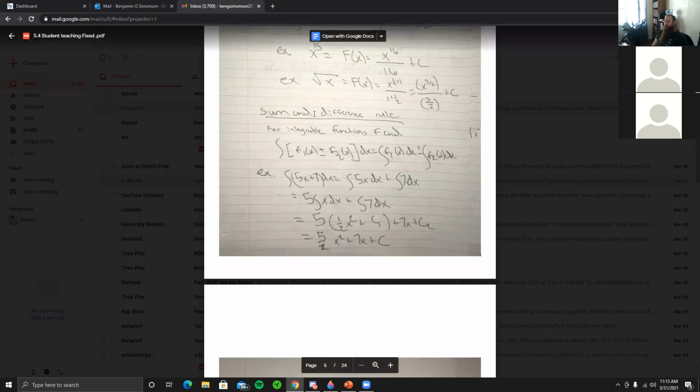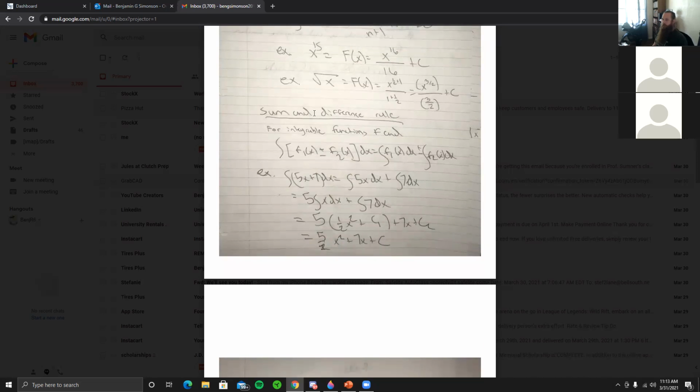Here we have a sum and difference rule. So for integrable functions f, we would have the integration of some function f1 of x plus or minus some other function f2 of x dx is equal to the integration of f1 of x dx plus or minus the integration of f2 of x dx.